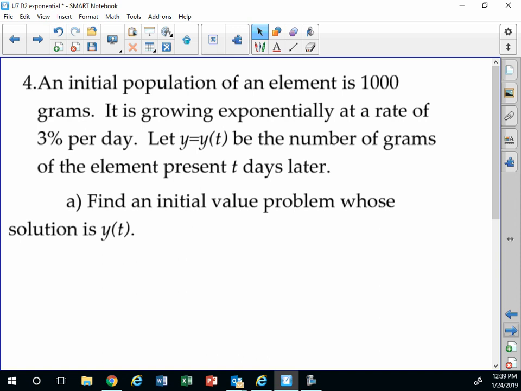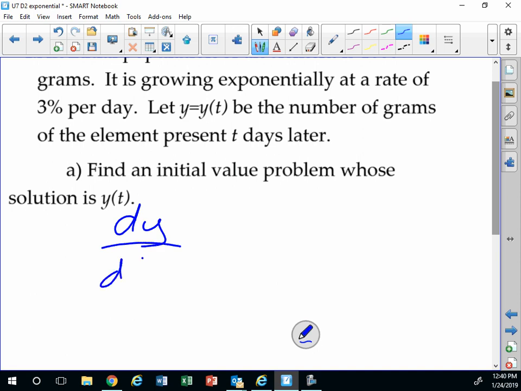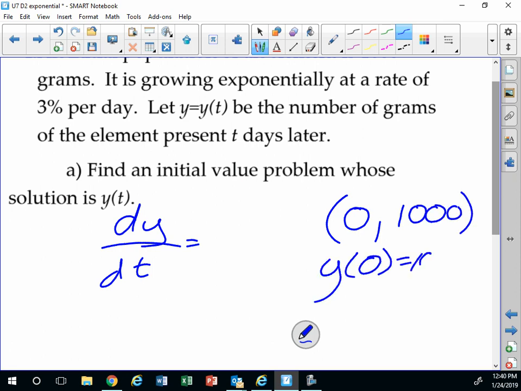Initial value problem. Y equals 1,000. An initial value problem has two pieces.